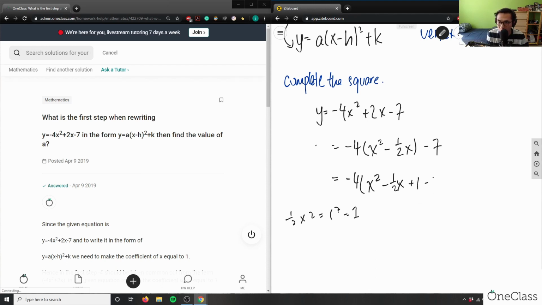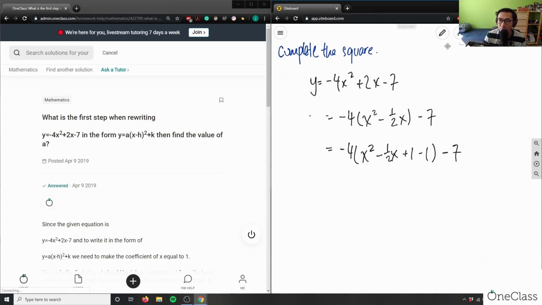So plus 1, and minus 7 here. This is my perfect square trinomial. Then we take out the negative 1 by multiplying by negative 4, which gives me positive 4 minus 7.